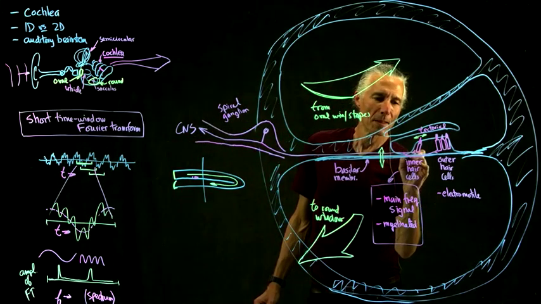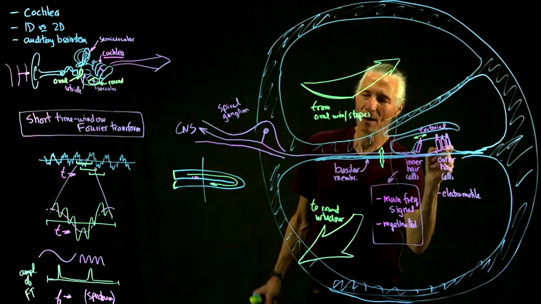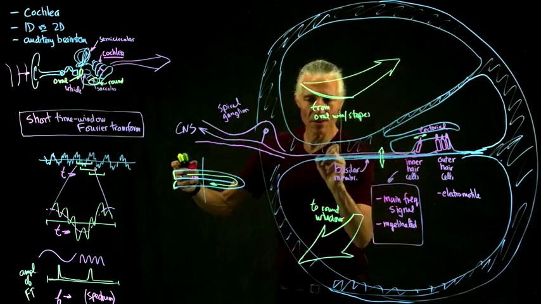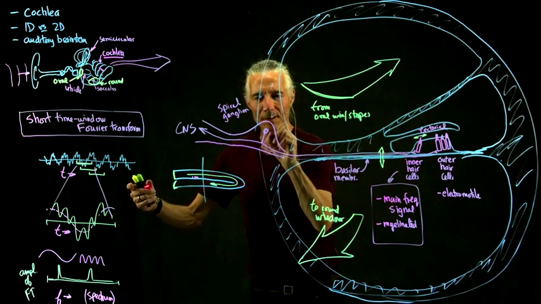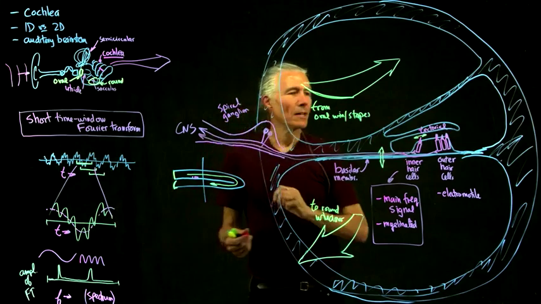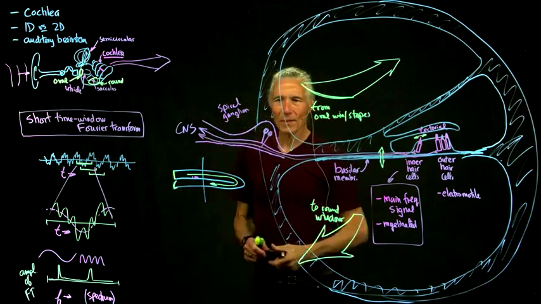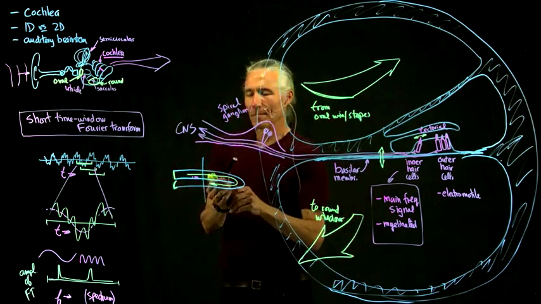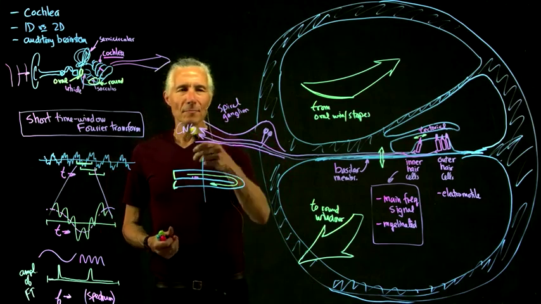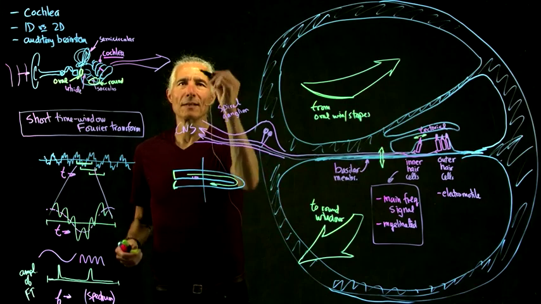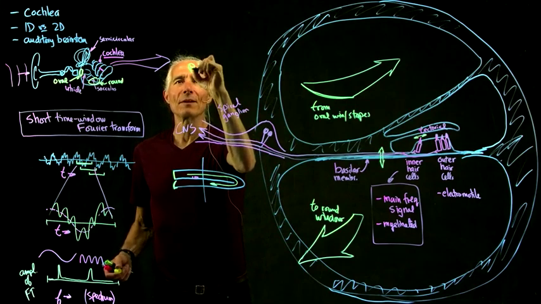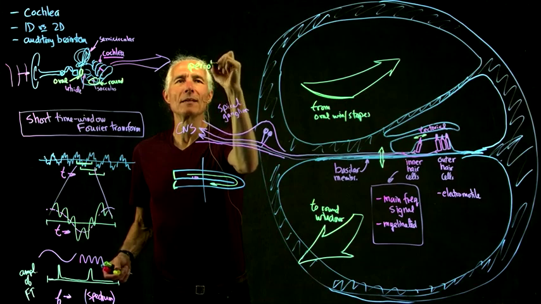These cells are synapsing on spiral ganglion cells and going into the central nervous system. But in addition, there are some cells in the central nervous system that project out to the hair cells. And they come from the peri-olivary nuclei.